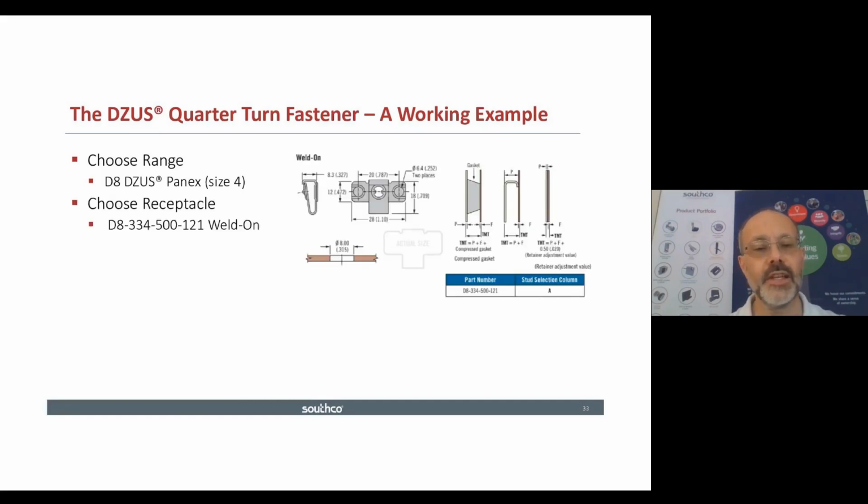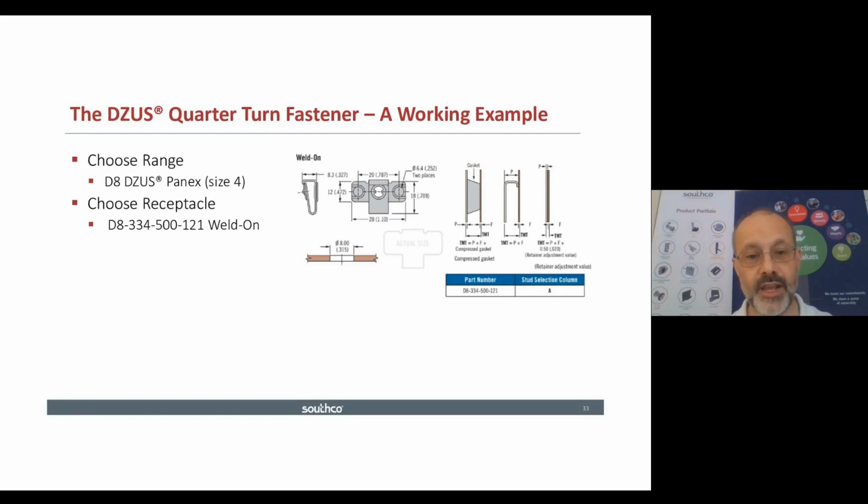So first, having chosen that particular range, I have to choose a receptacle. And in this example, I'm going to use a weld-on receptacle, which is welded to the back of the frame. So it's very secure, suits the application, and comes in from the back of the frame because I have access to the back of the frame.